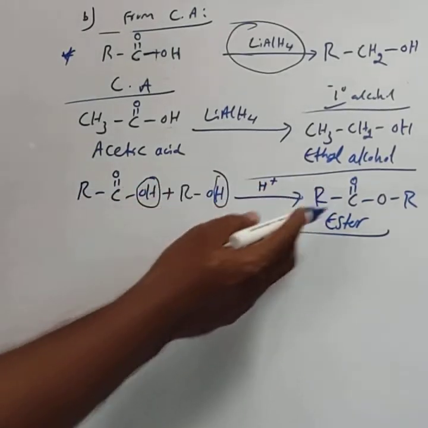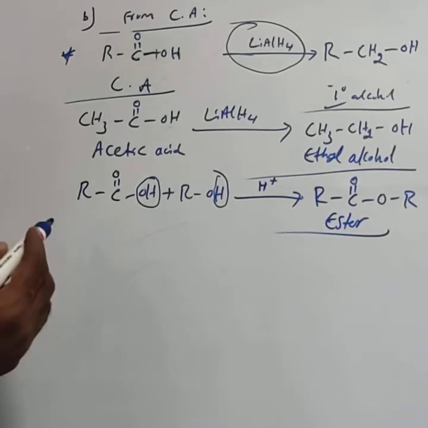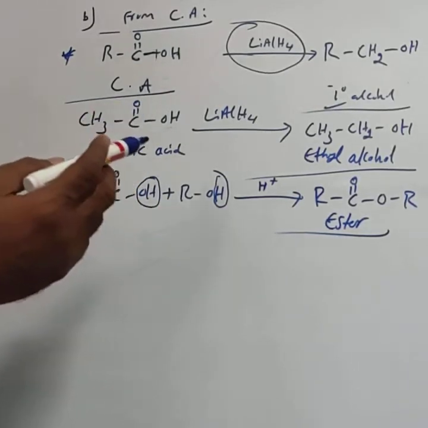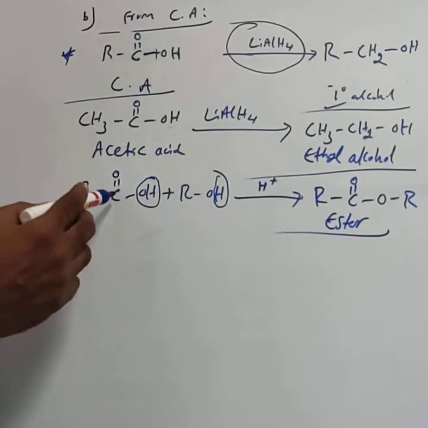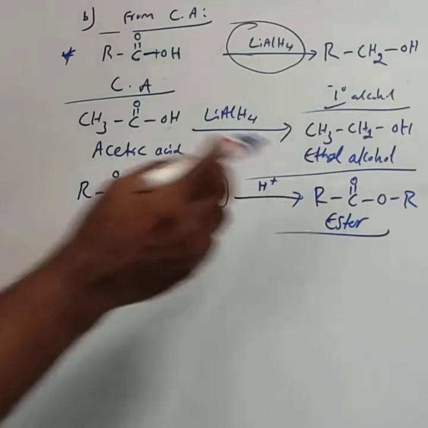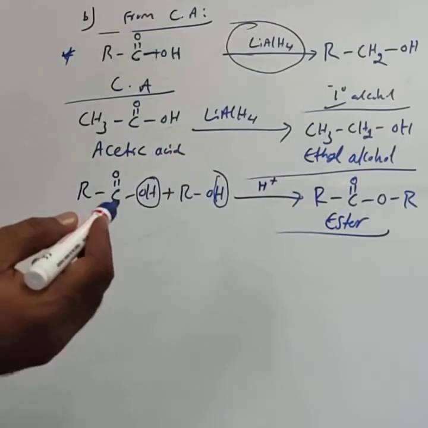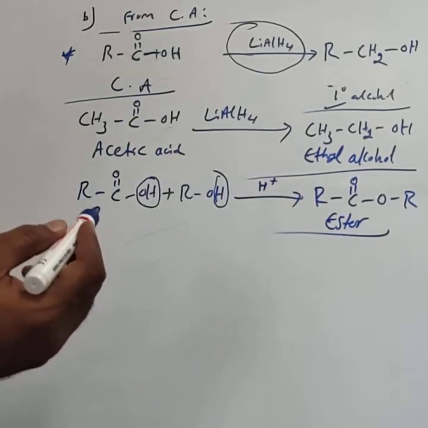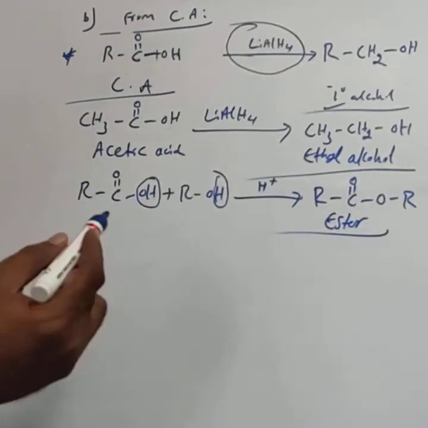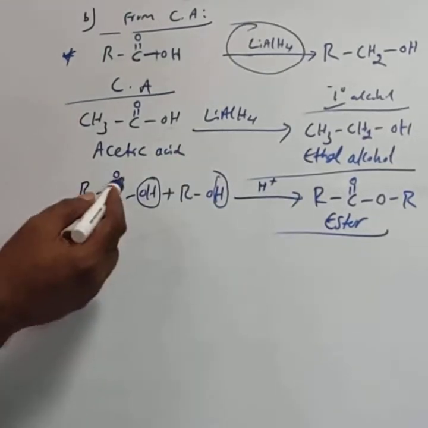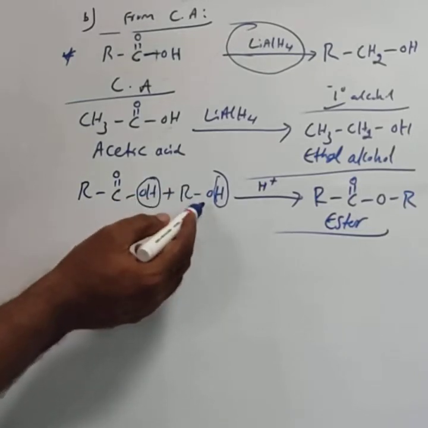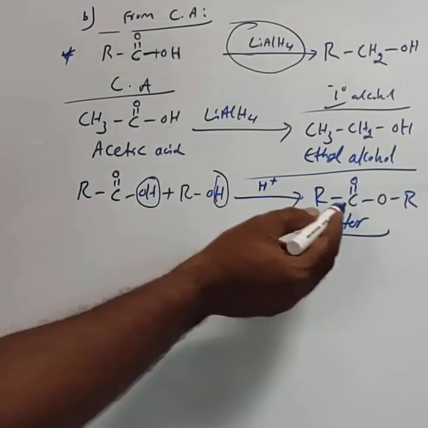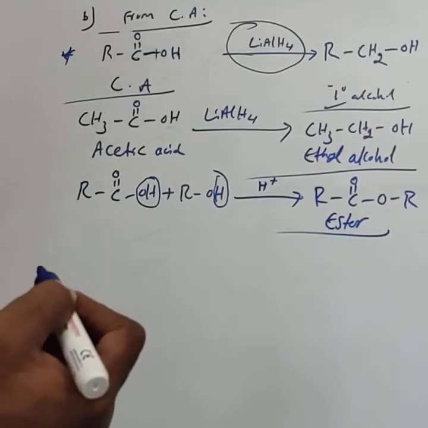This reaction we commonly call esterification. We study it in the properties of alcohols, and in the properties of carboxylic acid we again use this reaction under the name esterification. Here no need of writing esterification. Simply we write RCOOH plus ROH in the presence of acid forms RCOOR, an ester.